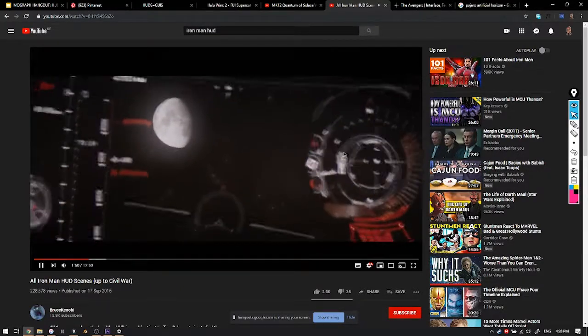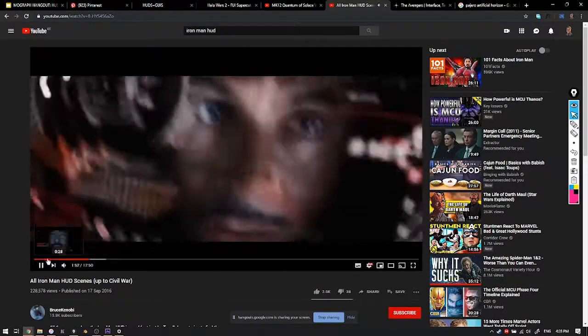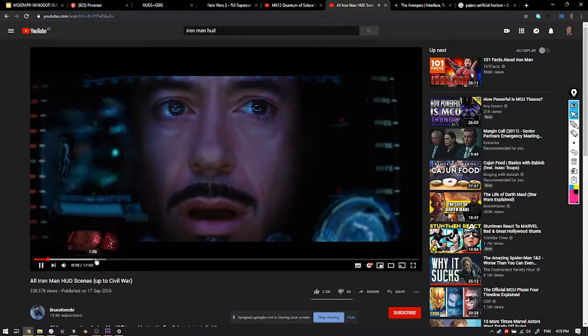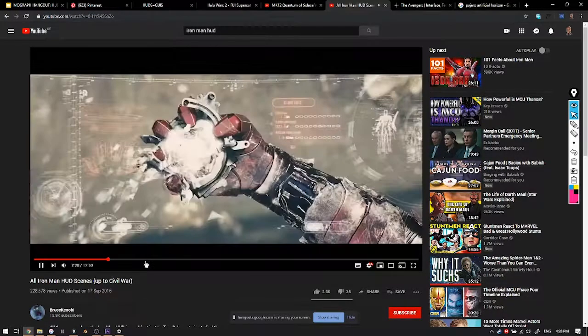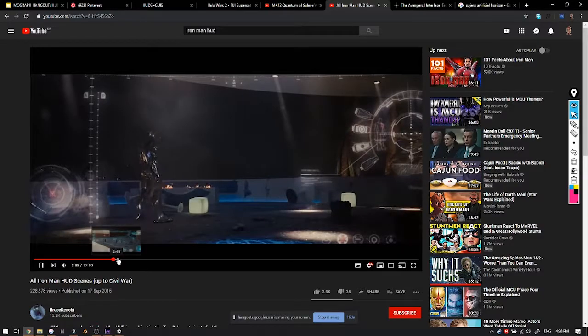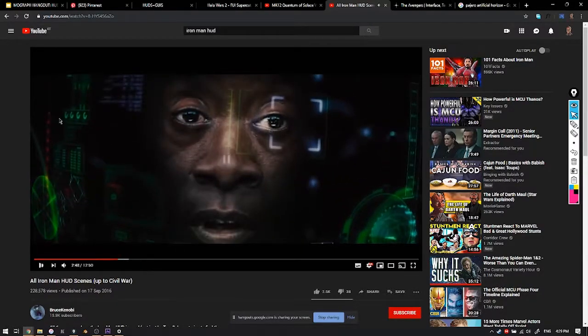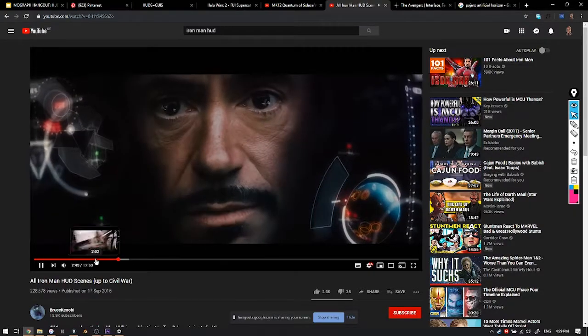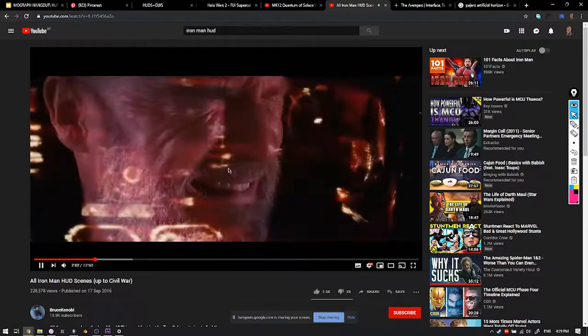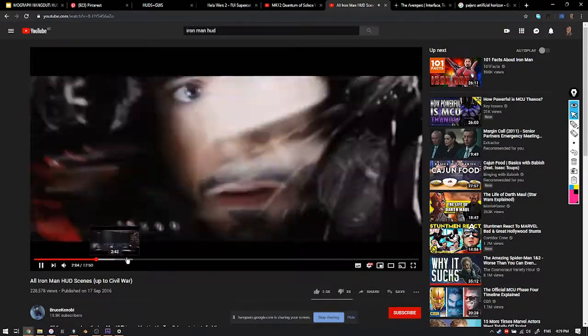So like here we have whites and red. Here we had blues. In the ones he made for Rhodey, especially Rhodey's UI was green. This guy, because I guess he's a bad guy in the movie, his UI was red and pretty basic actually.